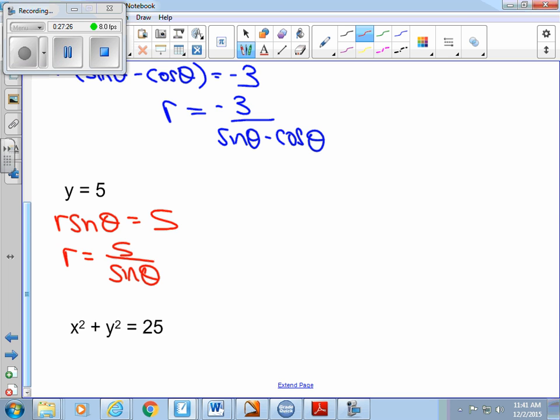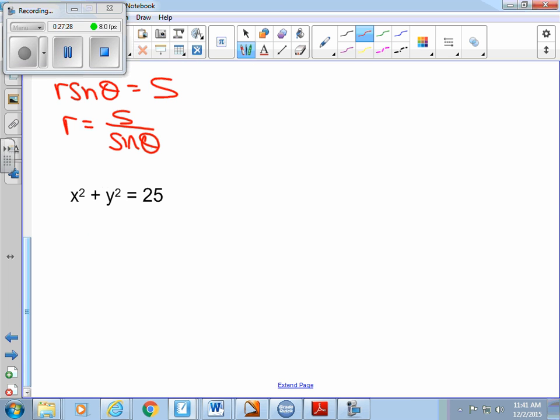Last one. Two ways to work it: an easy way and a hard way. Let me think about it for a second. See how many of you can work it out. Either way works.